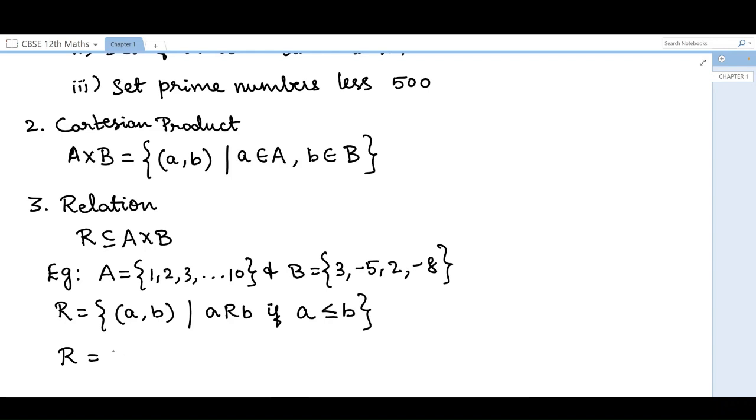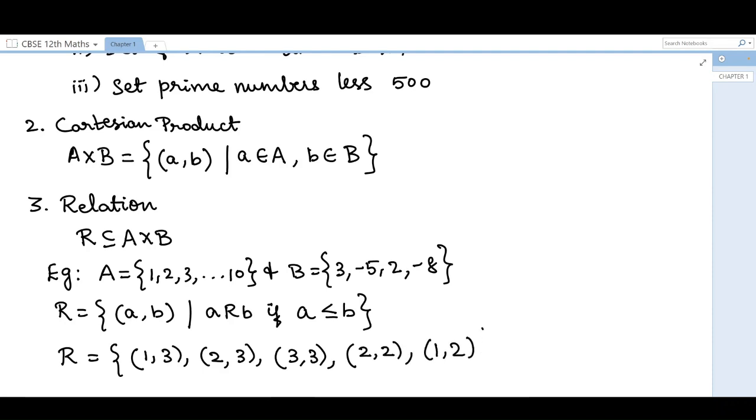Now in this example, we will have the ordered pairs (1, 3), (2, 3), (3, 3), (2, 2) and (1, 2).